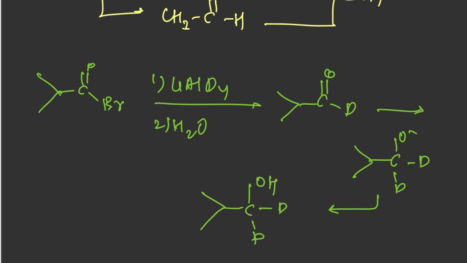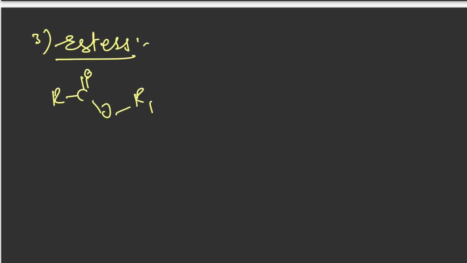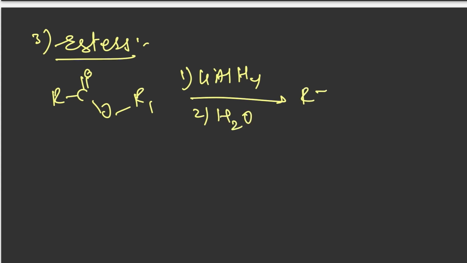Now let's talk about esters. Esters, RC=OR1, react with first LiAlH4, second H2O. It will form RCH2OH plus R1OH.